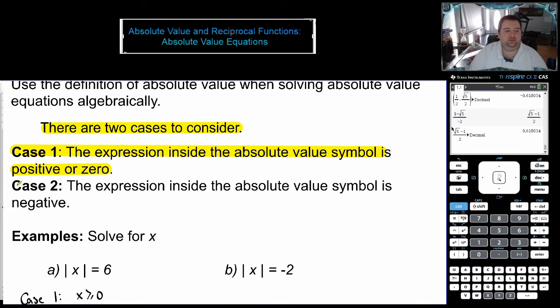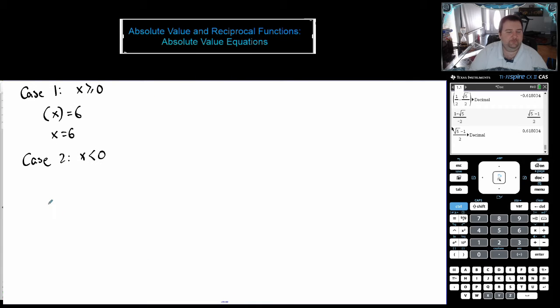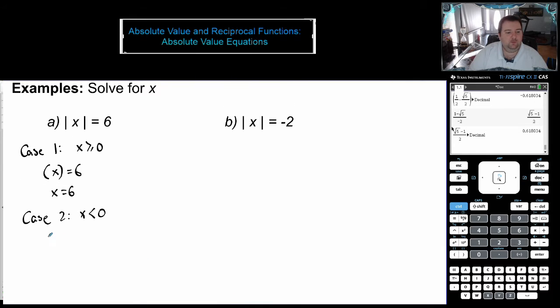Our second case is that the expression inside the absolute value symbol is actually negative. Case 2 is that x is less than 0. What's inside our absolute value symbol is still x, but we make it negative this time, and this is equal to 6.